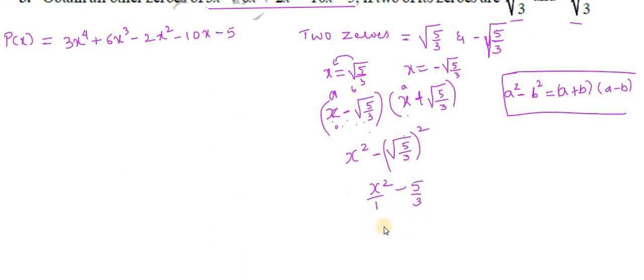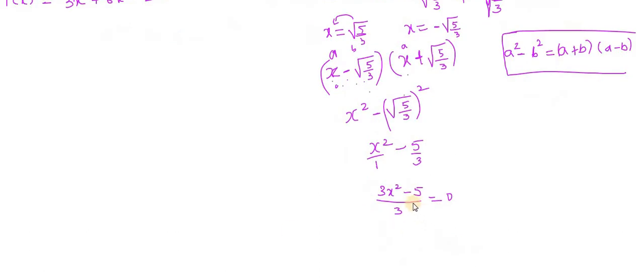If you cross multiply, what you'll get? 3x square minus 5 by 3 is equal to 0. Now if you cross multiply and simplify, we'll get 3x square minus 5.